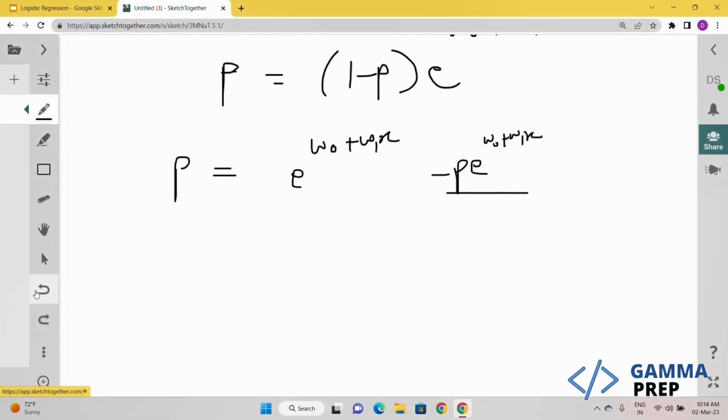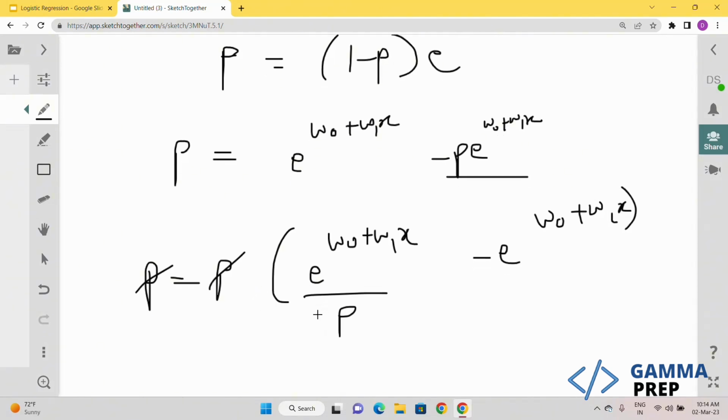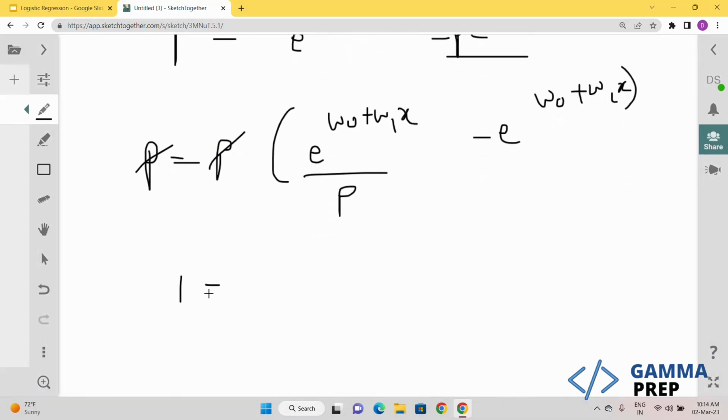Or maybe we could do another manipulation as well. Let's take p common. So this would become like this, and this would become like this, right? We are taking p common. So now the p cancels, and in the LHS we are left with only 1.